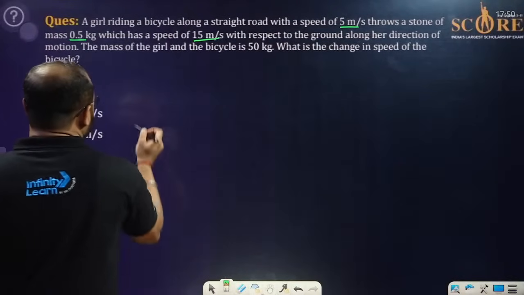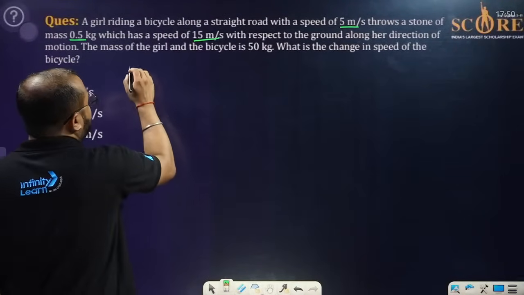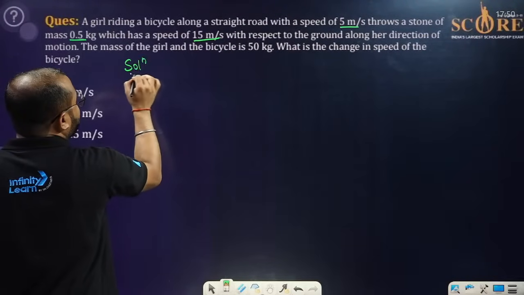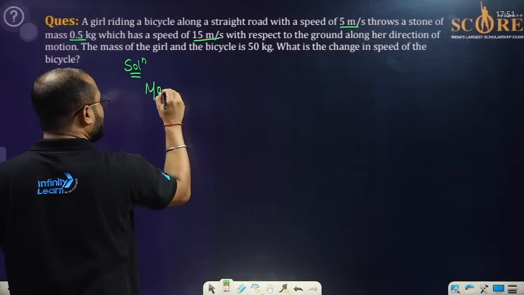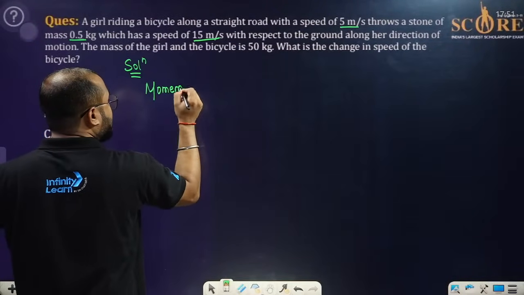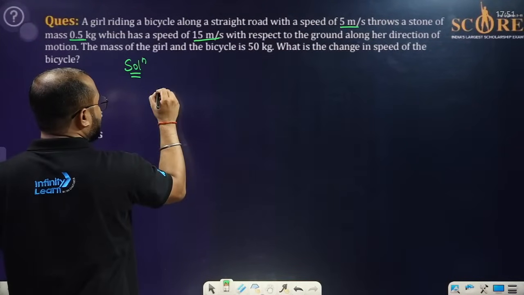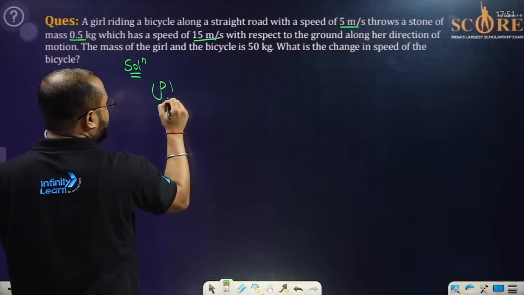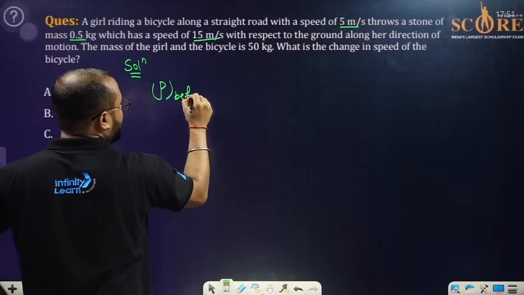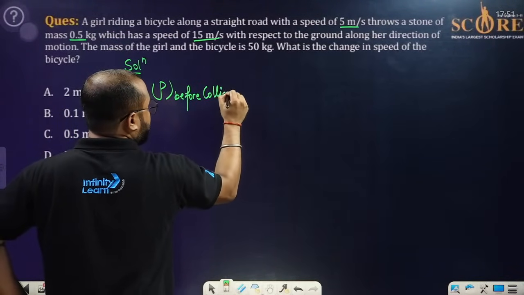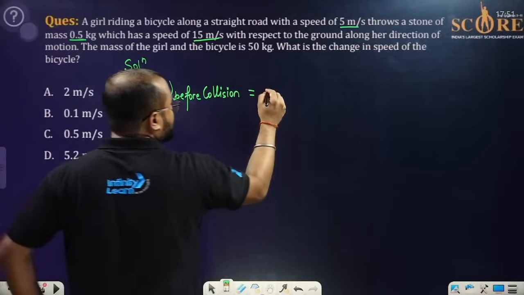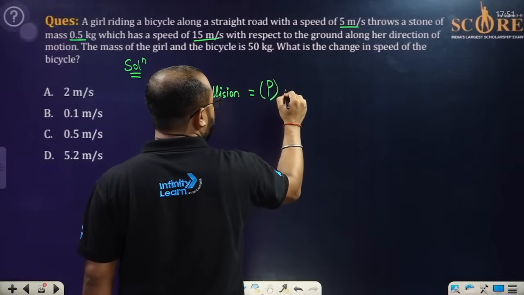If we talk about the conservation of momentum, we can say the formula is momentum before collision will be equal to momentum after collision.